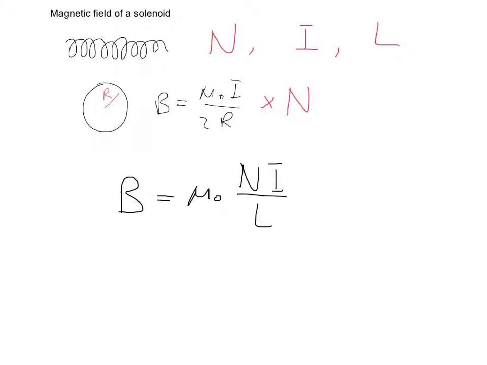Because if L is very small, it means that all the coils are concentrated at the same point. So their field would add up and would become a lot stronger. But if L is greater, then this means that the magnetic field gets more spread out, and therefore we would expect to see less magnetic field at each point in the coil.